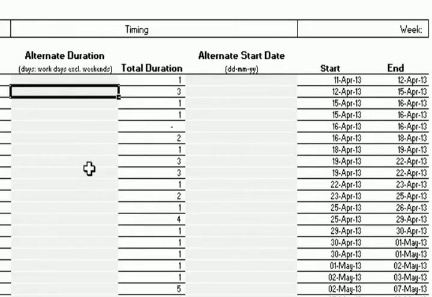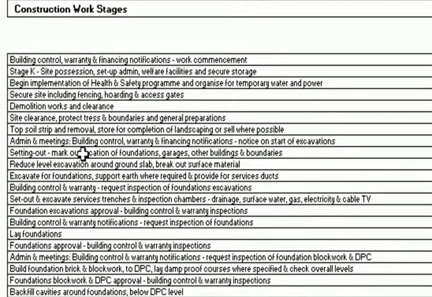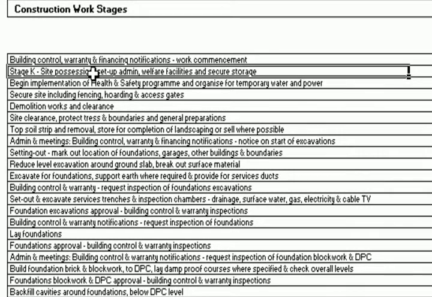So the reason why we have all this is that the Sirca model itself will have a database for duration periods and starts and finish periods according to these works here, and the type of property that we choose, whether we choose a large detached house or a small bungalow or a terraced house.